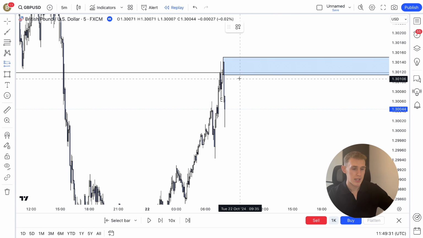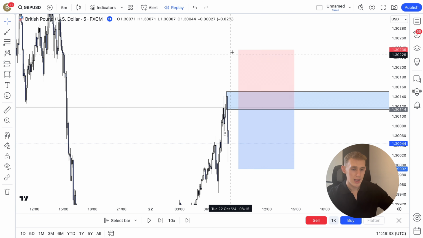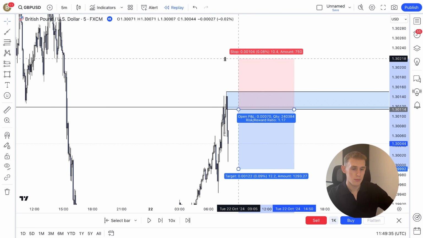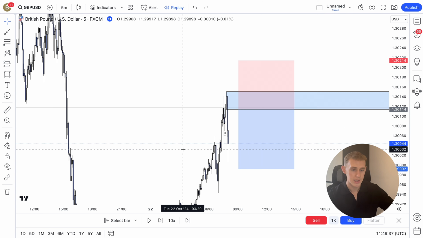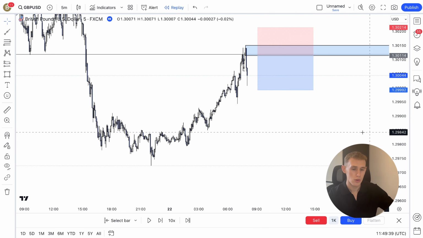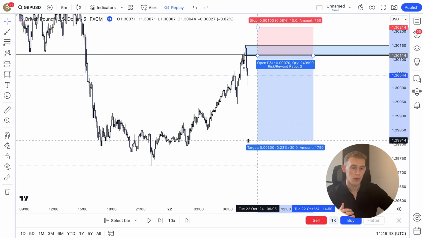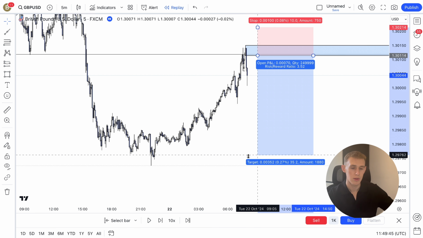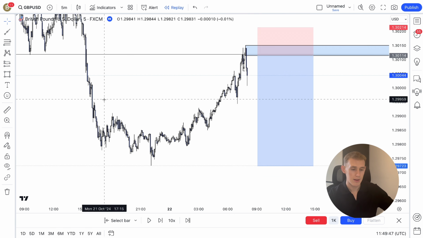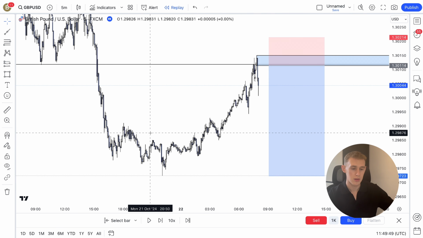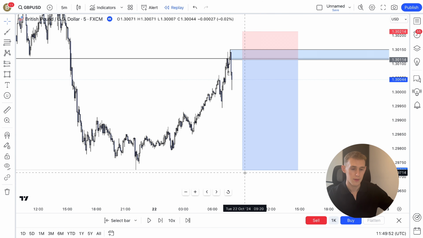I went ahead and set a limit on it. I don't ever like having less than a 10 pip stop, so I just set my stop loss at 10 pips. And again, mechanical 1 to 3 target. If you wanted a more discretionary take profit rule, obviously you could have targeted those equal lows down here, which is the whole reason we were basically looking for the trade in the first place.